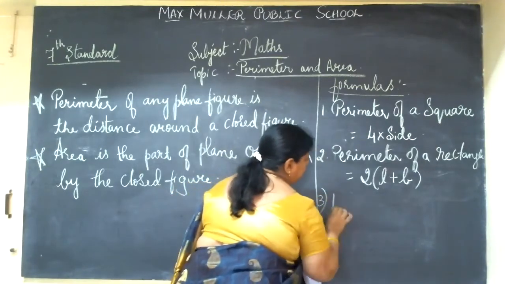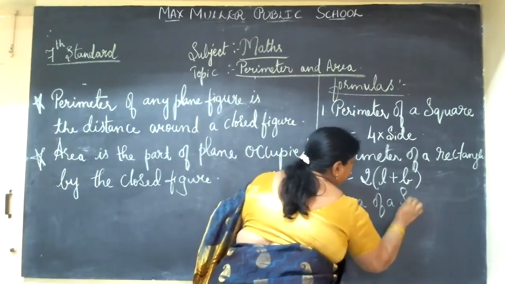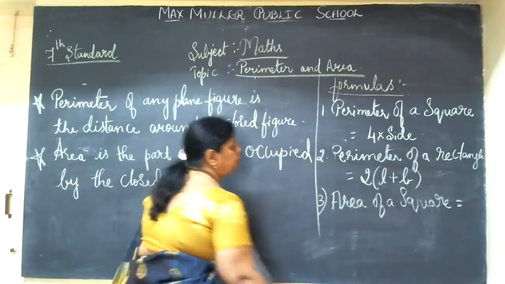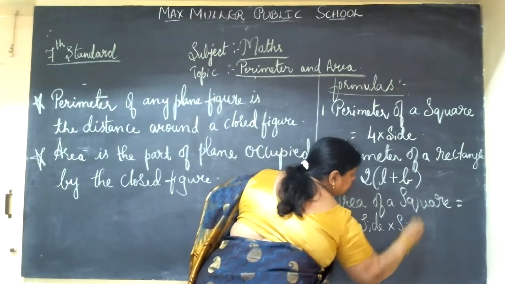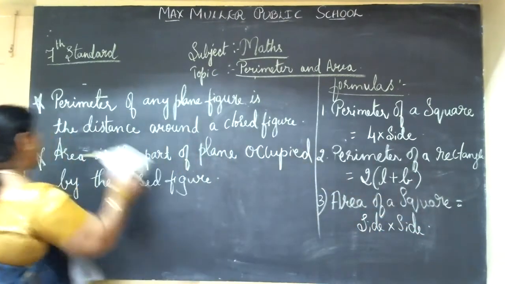Then area. Area of a square is equal to side into side. Then area of a rectangle.